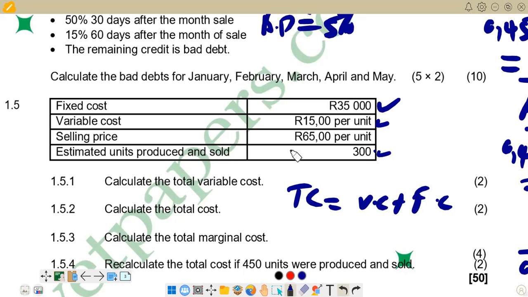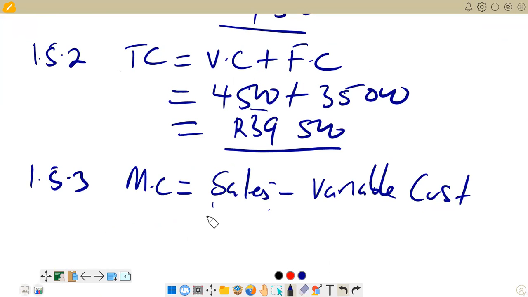Sales, we are given a selling price per unit, which is 65. And then the estimated units produced and sold, we have got 300. So we are going to say 300 times 65 to get the sales figure. So we come back here, we say 300 times 65 in brackets. Then we subtract the variable cost, remember it's 4,500.